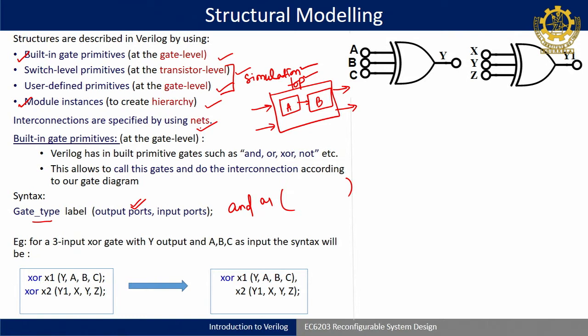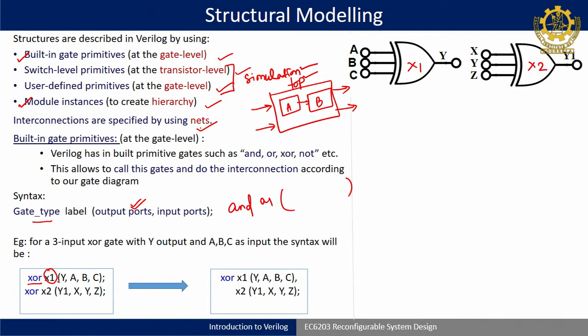Now to give an example, we have taken one XOR gate with Y as output and A, B, C as input, and another XOR gate with Y1 as output and X, Y, Z as input. So the syntax is like this: you write down the gate type XOR, then give the label X1, and the other has a label of X2.